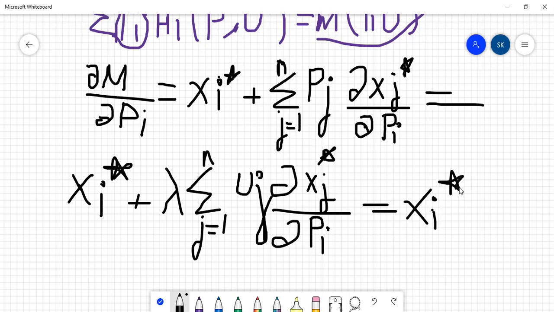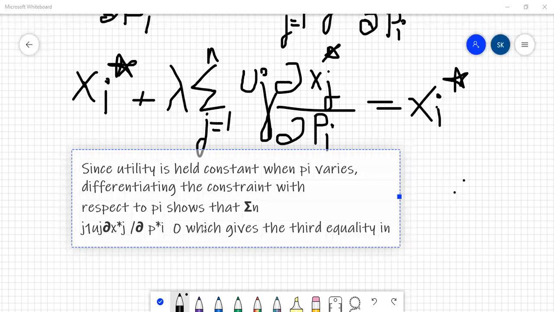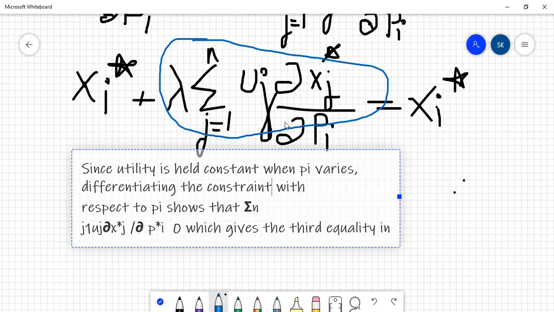Now, why is this equal to xi star? A very important point comes over here, which should be understood by the students: the utility is held constant. The utility u is held constant when the value of pi varies. Then differentiating the constraint with respect to pi, it will show that this whole function is equal to 0.